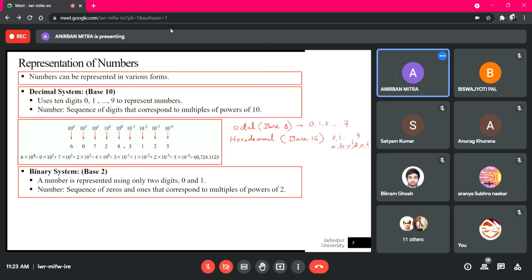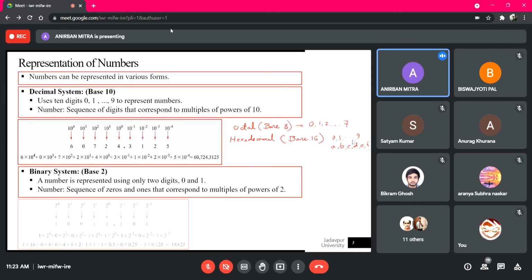And here also, each place in this sequence of zeros and 1 corresponds to multiples of powers of 2. Please go through the note to have a better understanding of how this representation works.